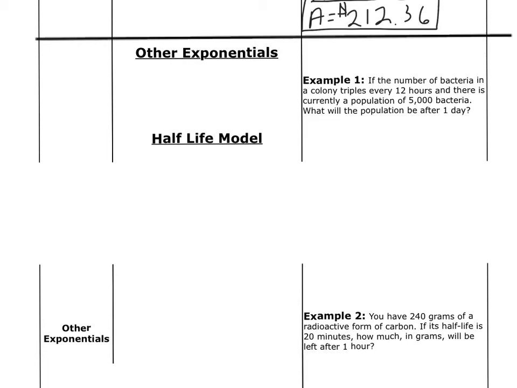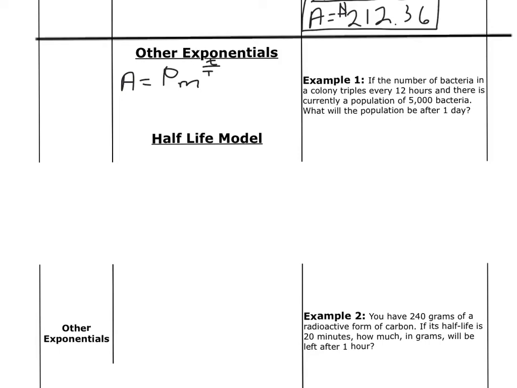Now, for other exponentials, you have A is equal to P times M to the little t over big T, okay? And I'm going to describe this as best I can.